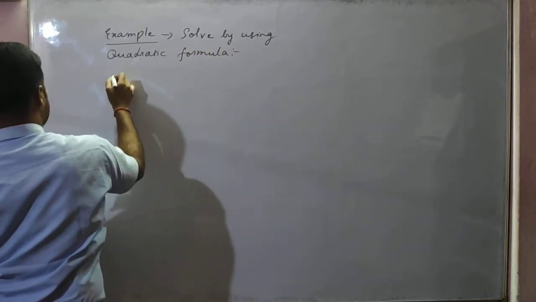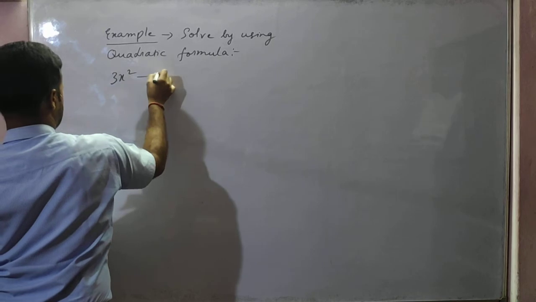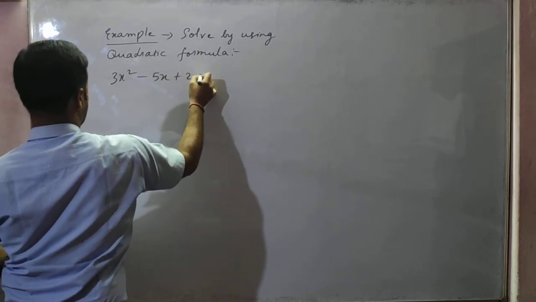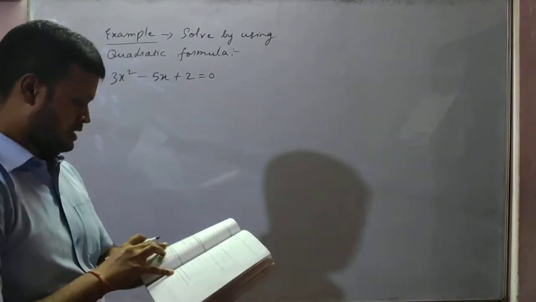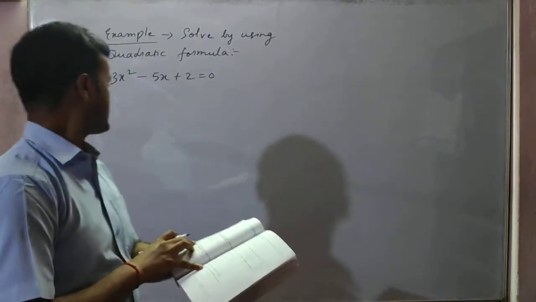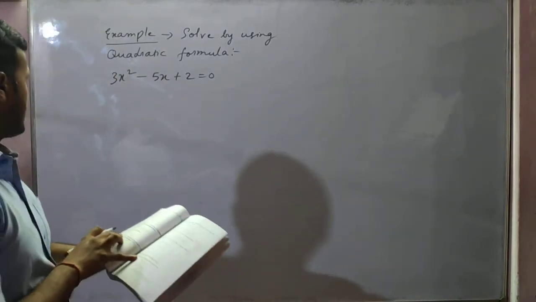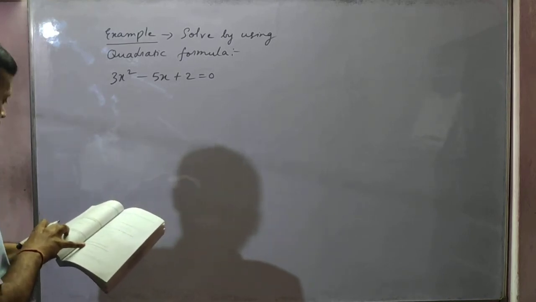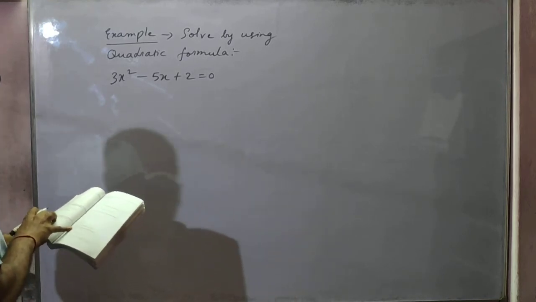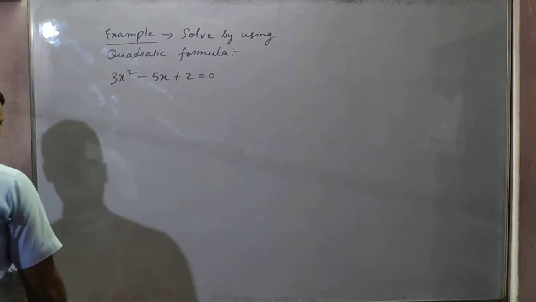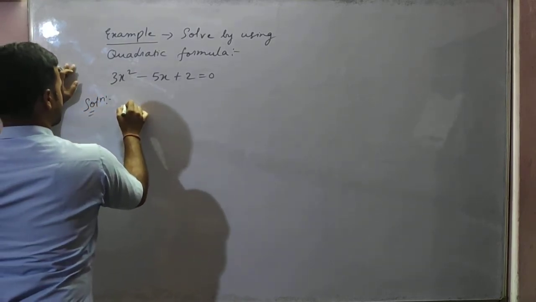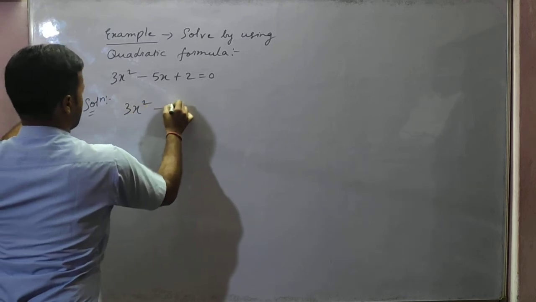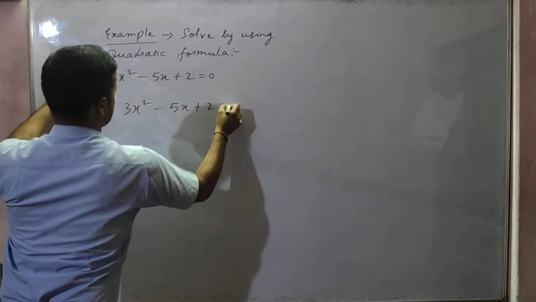The equation is 3x square minus 5x plus 2 is equal to 0. So let us solve this.